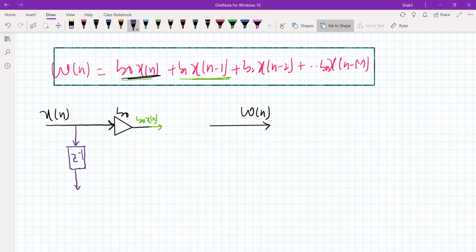This is the delay symbol, and here we have x of n minus 1. Then we pass this through a multiplier whose multiplying coefficient is b1, and what we have is b1 x of n minus 1.